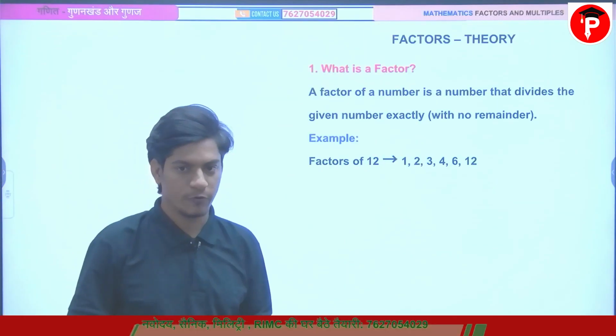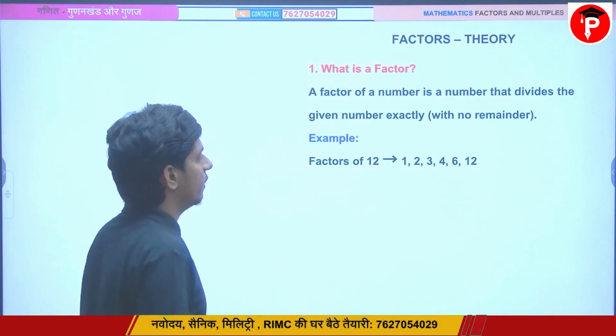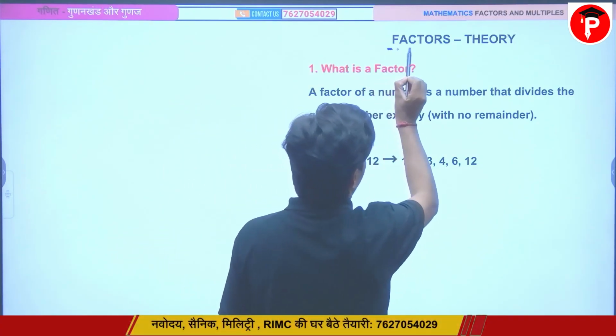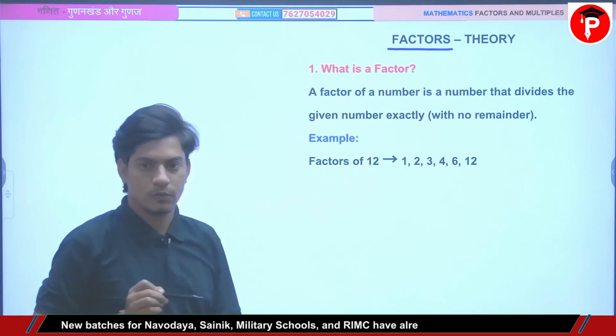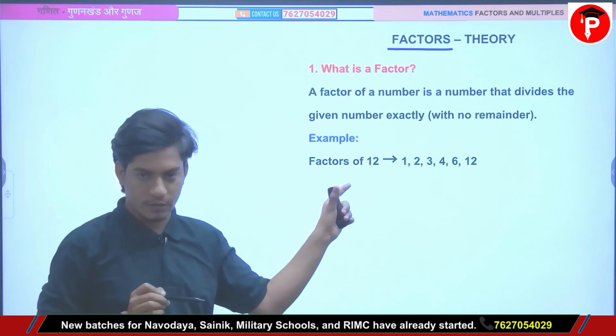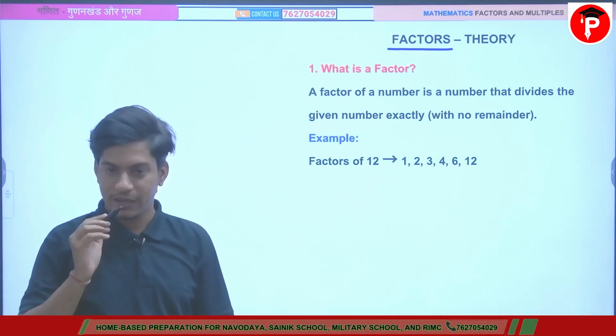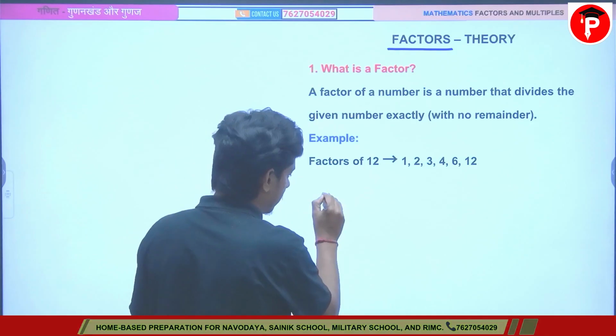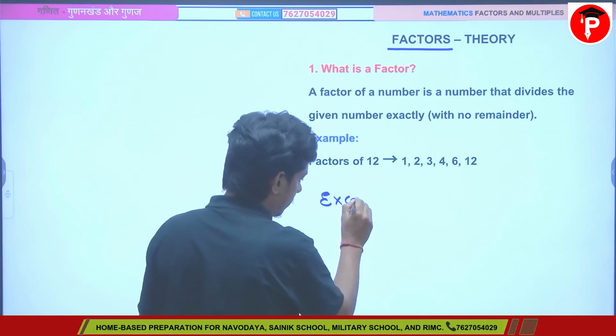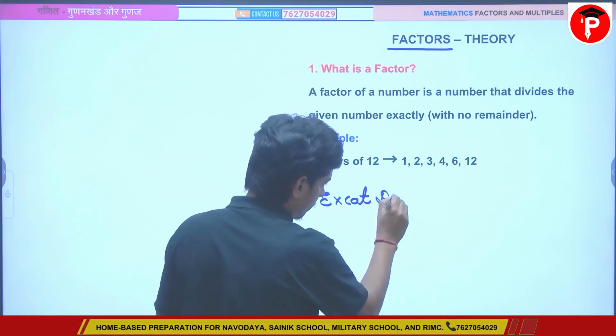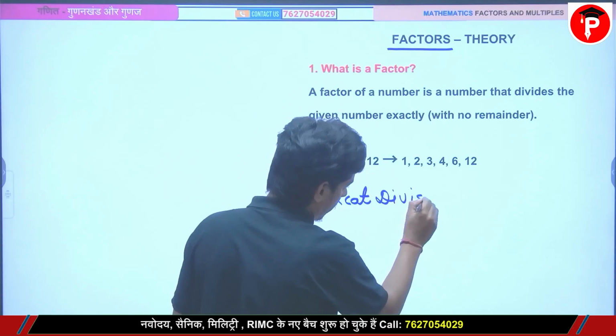Let's start with factors. The first question in your mind will be, sir, what is the meaning of factors? The definition may be lengthy or hard. Factor means exact divisor of any number.